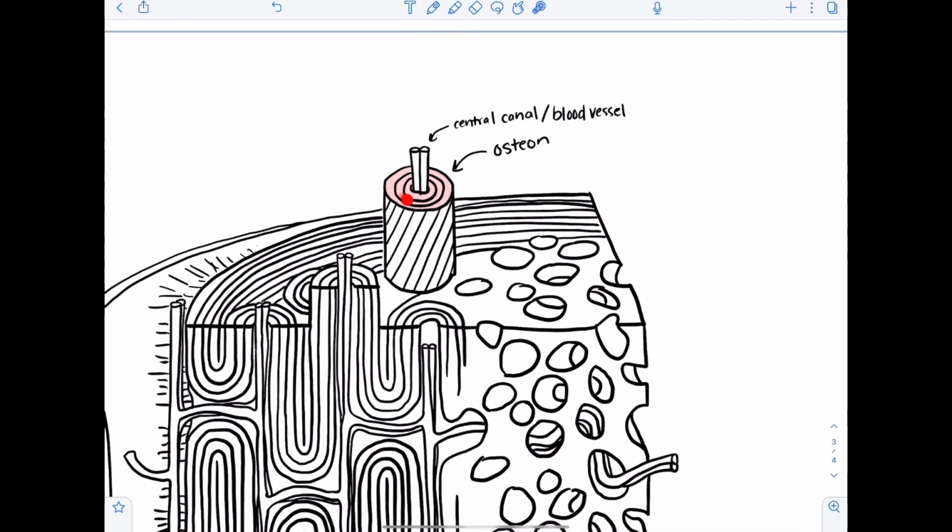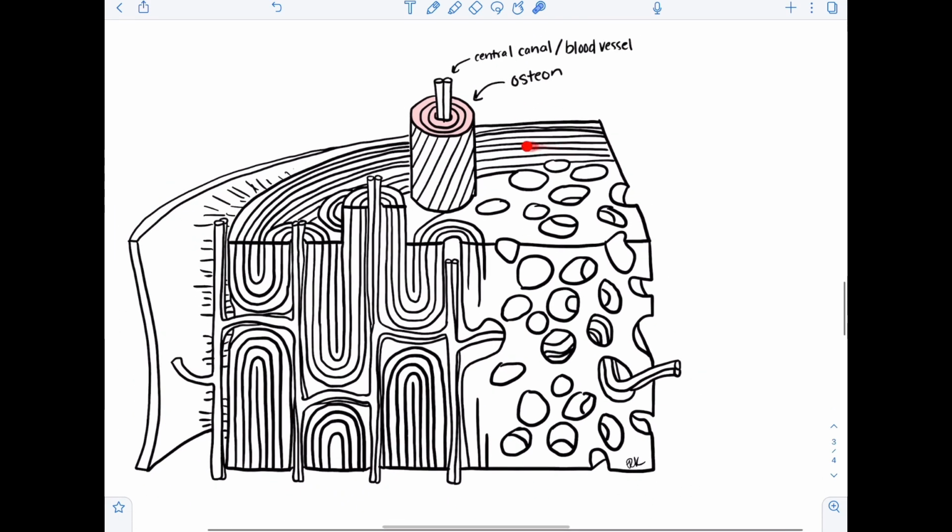And we can see that there are layers that go around it, okay? So we have our blood vessels that are going through it. We have our osteon that we have here. Now this outside bone that we see here is cortical bone. Cortical bone is made up of osteons like this. This is another type of bone. This is spongy bone, or trabecular bone is another name for it.